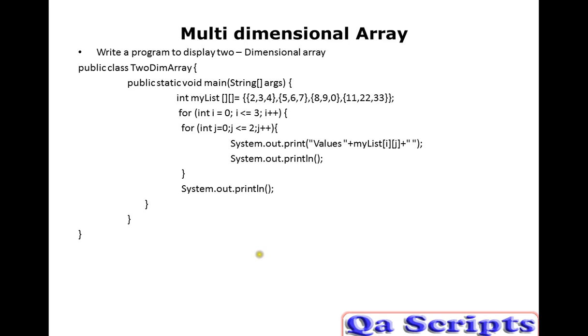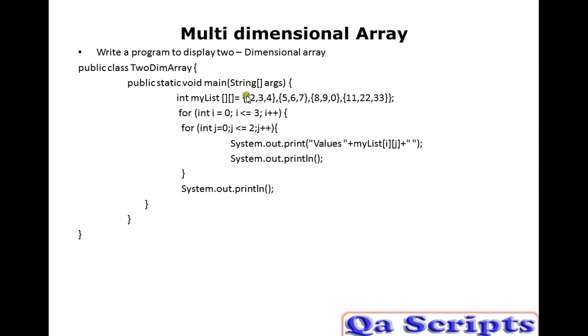Here is another example where I am declaring one multi-dimensional array and assigning the values on the same line. Here I am using curly brackets. Inside the curly bracket I am using one more curly bracket to make a group, and here it says 1 2 3 4.